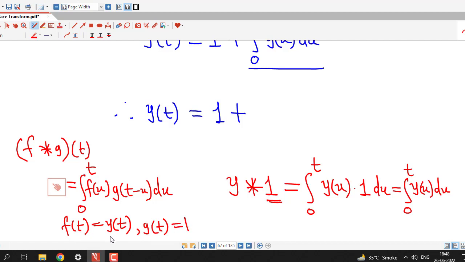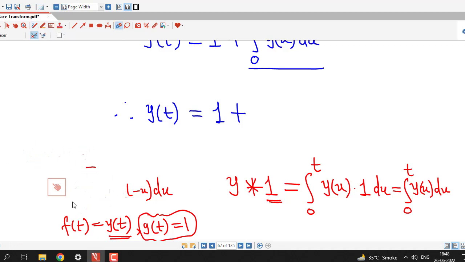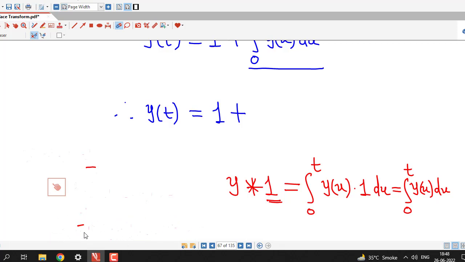Therefore f of u equal to y of u and g of t minus u is 1, because g of t is 1 for all t, therefore g of t minus u is also 1. Therefore we can write this integral from 0 to t y of u du as convolution of y and 1.